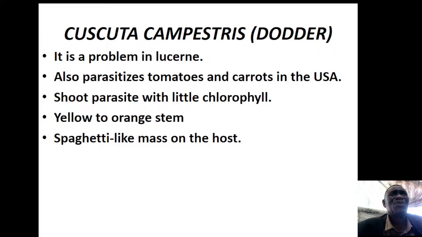It also parasitizes tomatoes and carrots, and I think this was observed around the Grasslands Research Station at the Horticultural Research Center. It has little chlorophyll. It is yellow to orange.